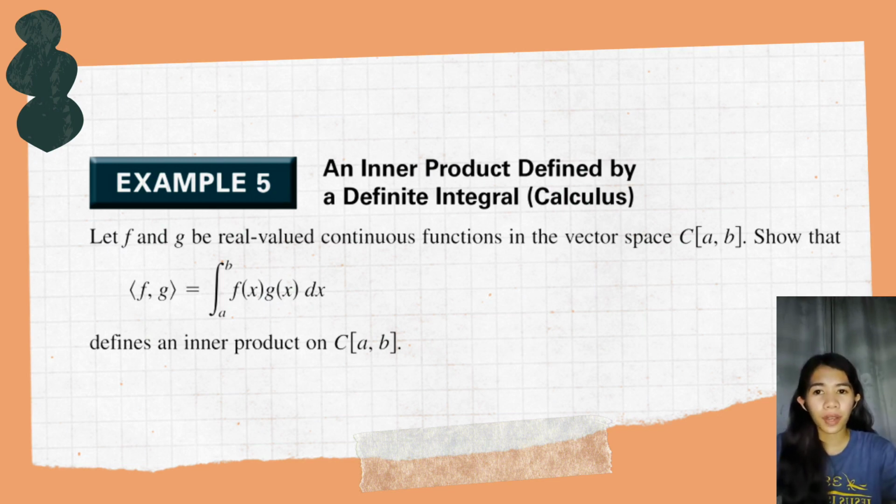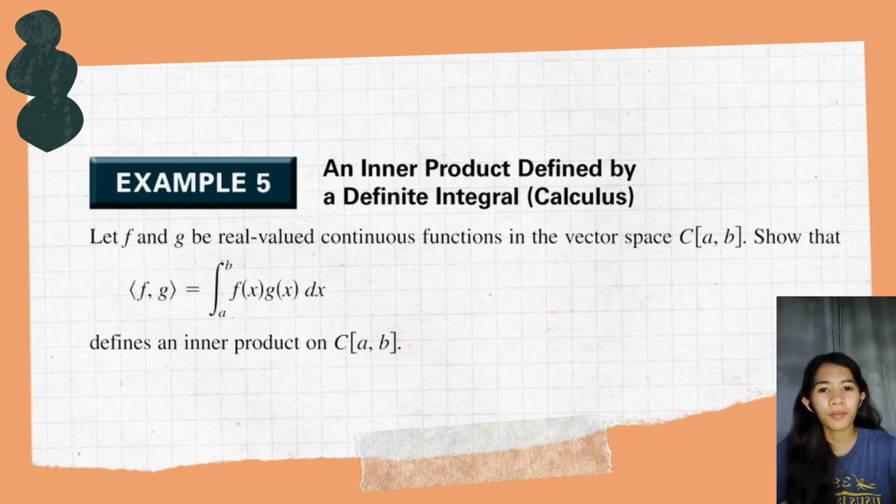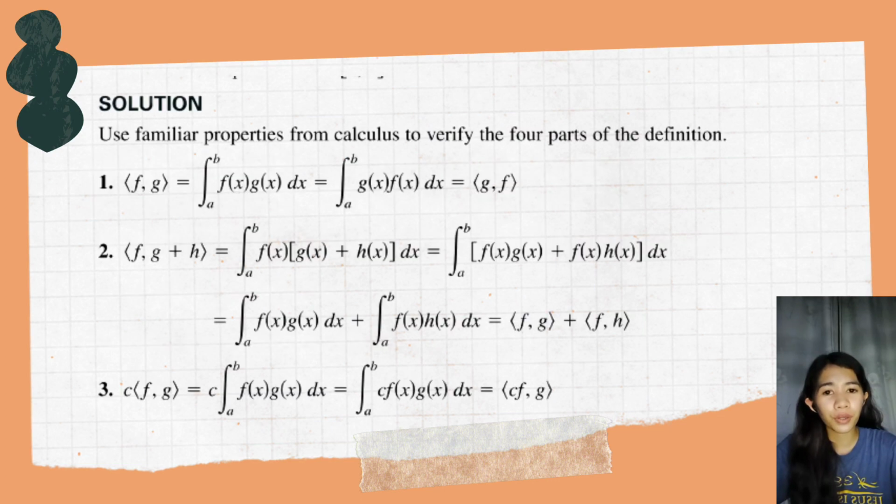Let's use the vector notation f to represent f of x and g for g of x. These two are continuous functions on the interval a to b. Let's define the inner product of f and g as the integral from a to b of f of x times g of x dx. Let me show you the solution in this given example.